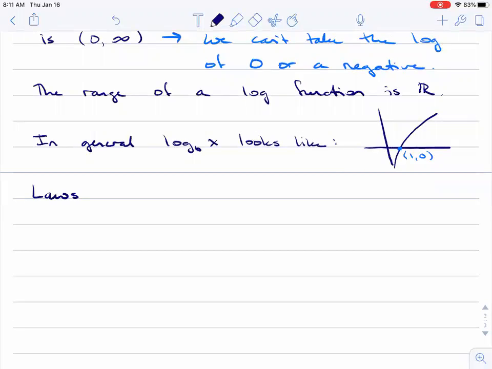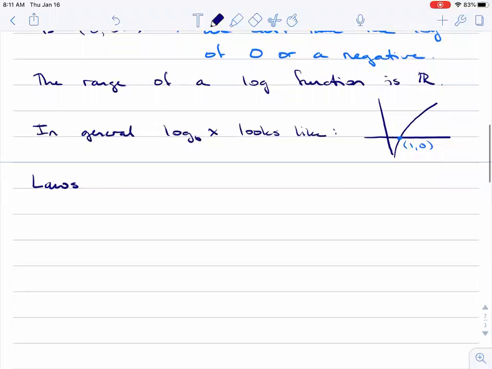We have to establish the laws of logarithms. So we'll just list them here. Laws of logarithms.